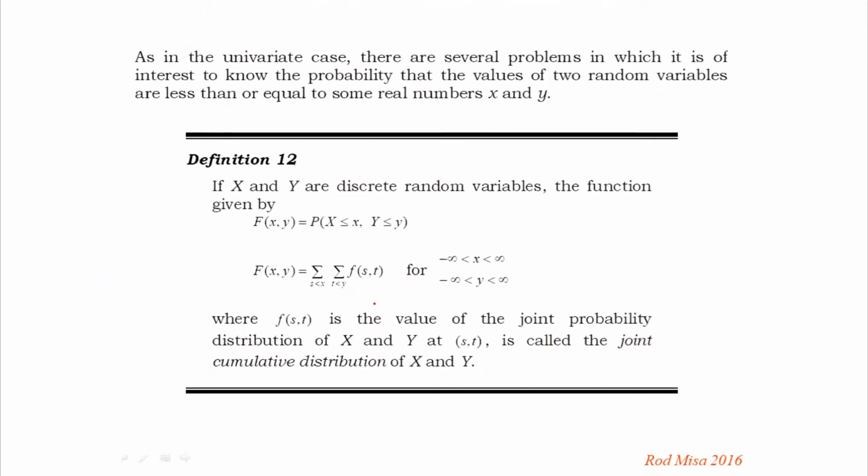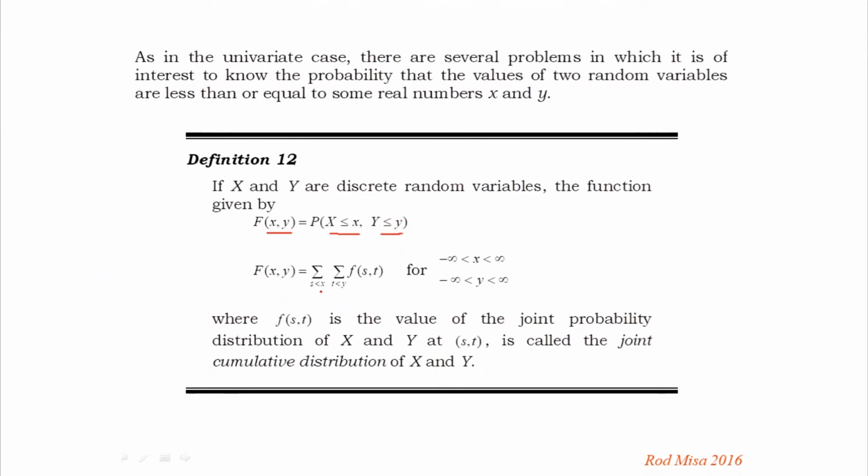So, if the random variables x and y are discrete random variables, the function given by the big F of x and y is the probability that the random variable x is less than or equal to the specific value small x, and the random variable y is less than or equal to the small y.